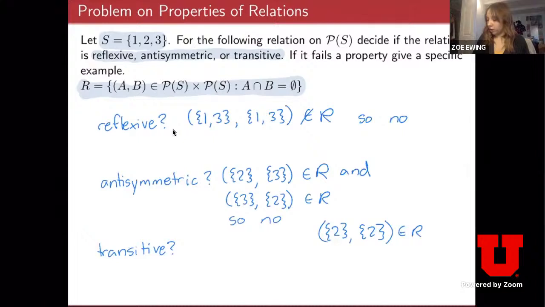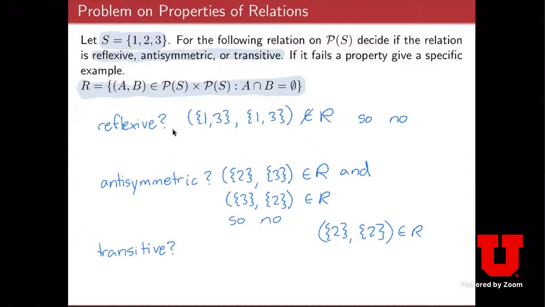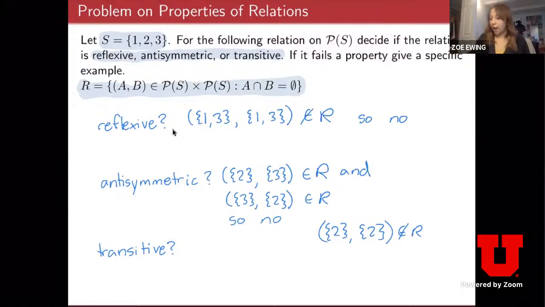For antisymmetric, so this is actually not in the relation because the intersection of these two is not empty. I understand, but let's say it is in the relation. So remember that when you're looking at symmetry, you're saying it's an implication.